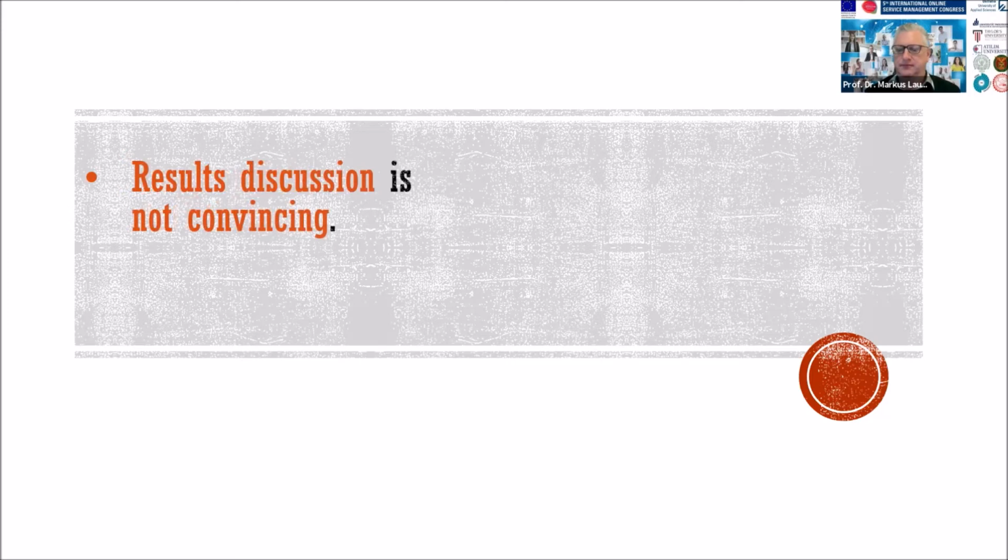This is very important in many articles, the discussion of the results. Most journal editors specifically focus on splitting the discussion from the results. It's advised not to put the discussion with the results together in one section. It's better to split them.